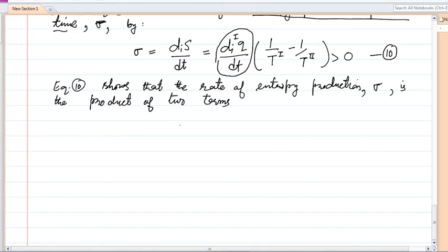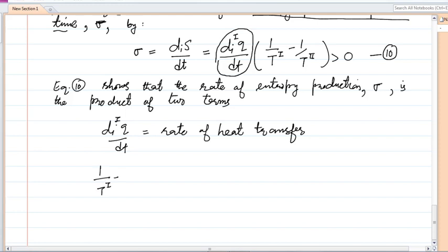So this diQ first is simply a rate of heat transfer, and the second part is a difference of state functions, that means 1 upon T1 minus 1 upon T second.